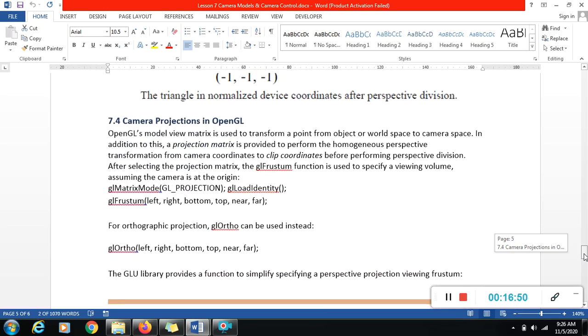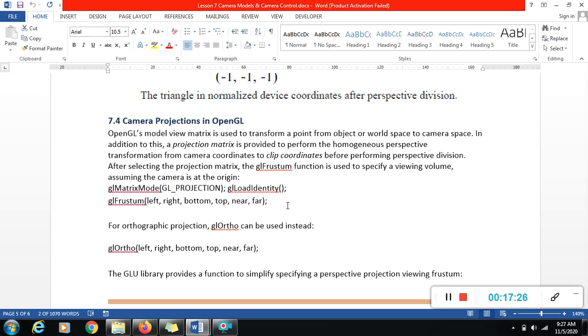So camera projections in OpenGL, how do we implement them? We use a number of functions. The first thing is that OpenGL's model view matrix is used to transform a point from object or world space to camera space. In addition to this, remember these objects like the triangle you've just seen above exist in 2D form and can still be presented in 3D.